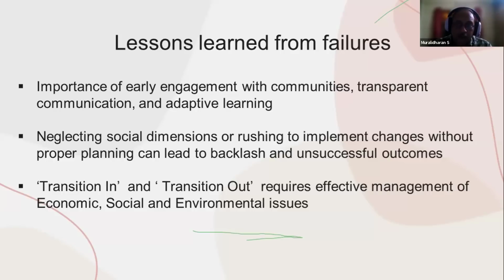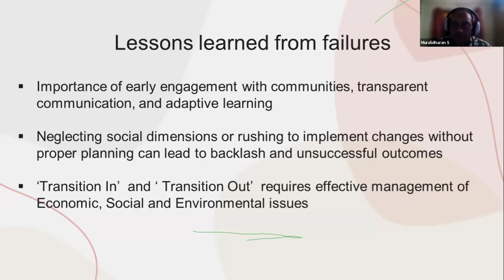So, transition in and transition out. Transition in means the coming in of new technology, new skills which are required, a new way of working, new types of jobs. All these are transition in.